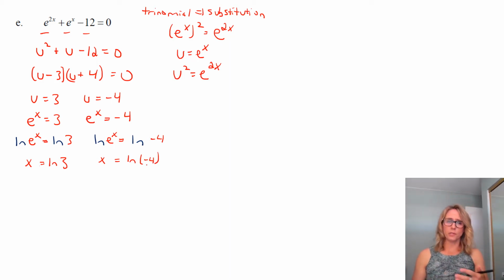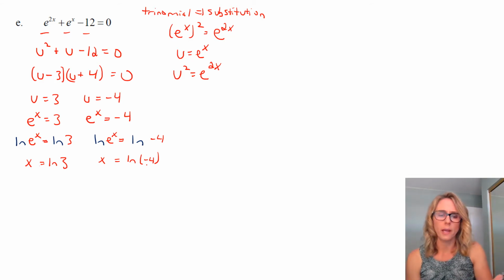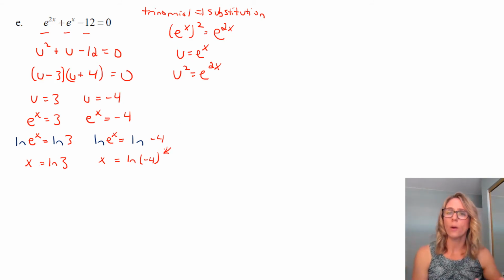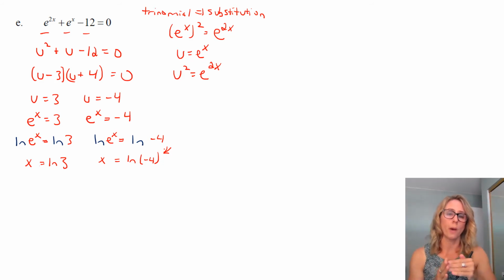Now here's something to understand. Remember that what this is saying is e to what power gives us negative 4. What we want to remember is that no matter what value I put in for the exponent, e to that thing is always going to be positive.